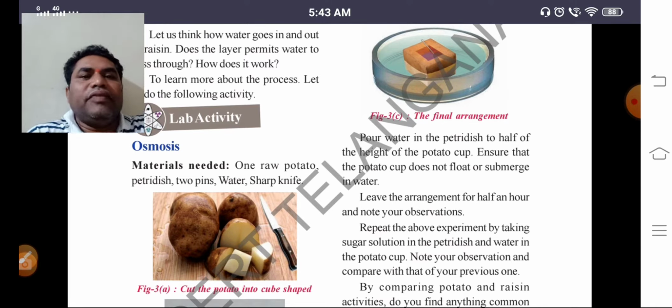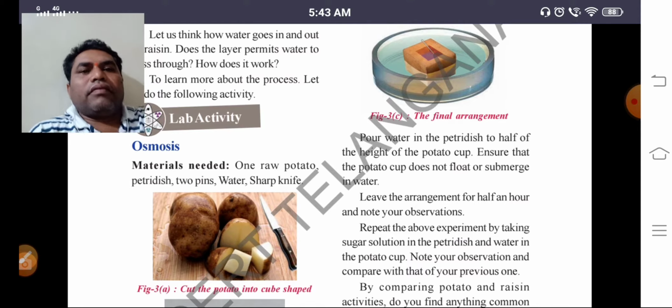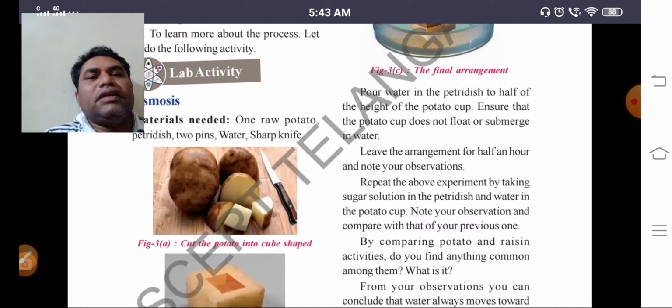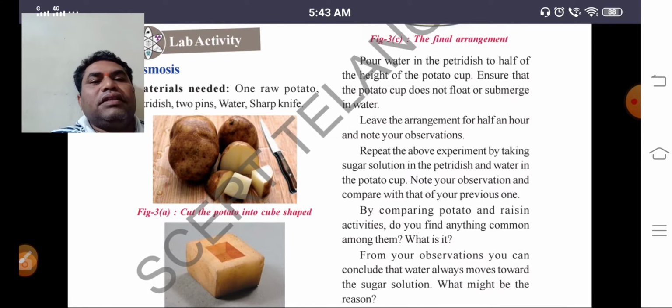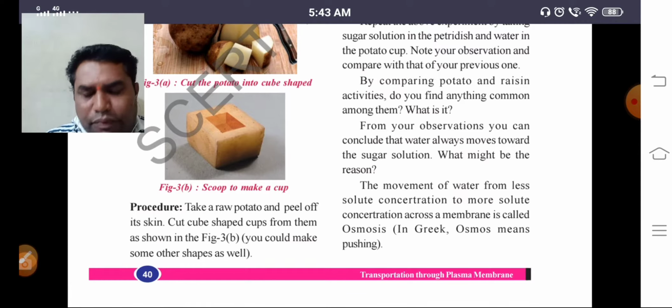For this experiment we need materials: one raw potato, a petri dish, 2 pins, water, a sharp knife, and see that picture. In this way, let us take the potato and peel out the potato.